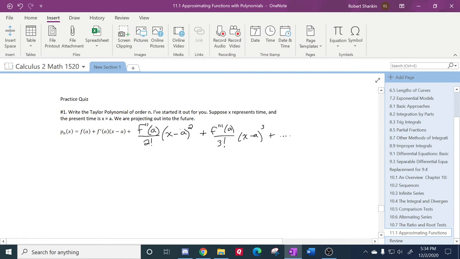Now, this will make some sense if we think of x as being slightly in the future. Suppose x is slightly larger than a, just into the future.